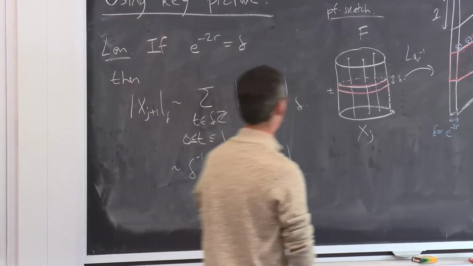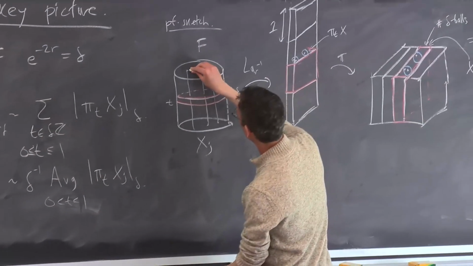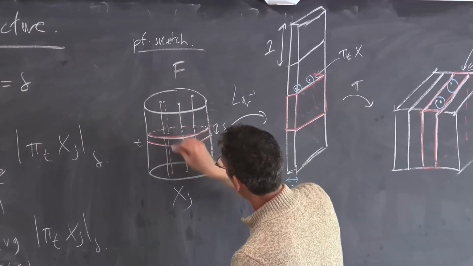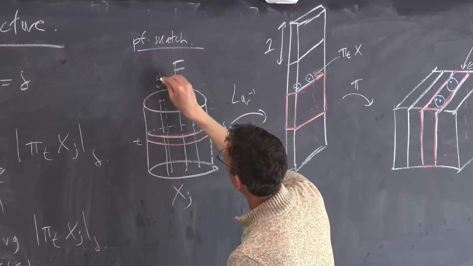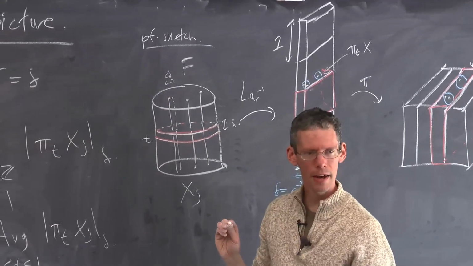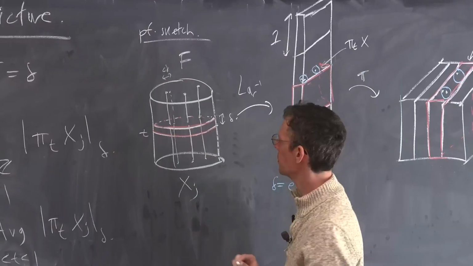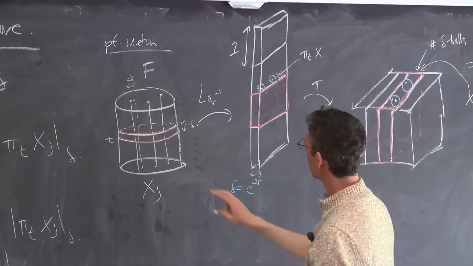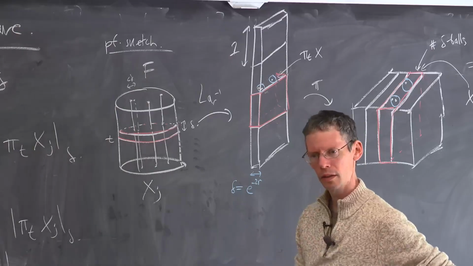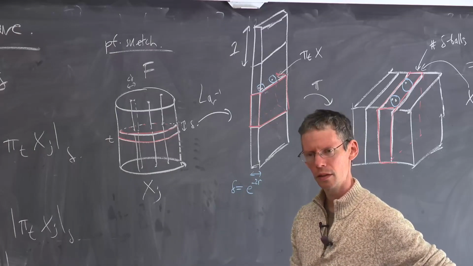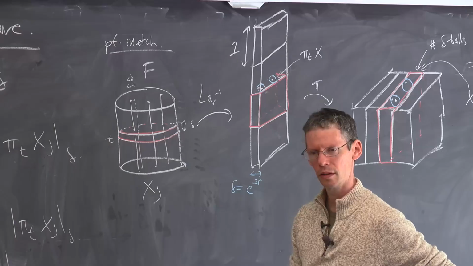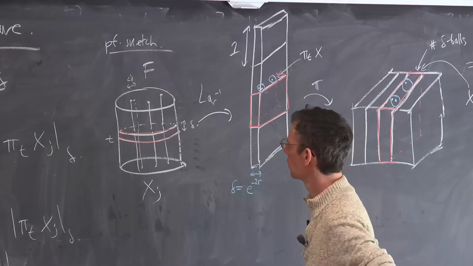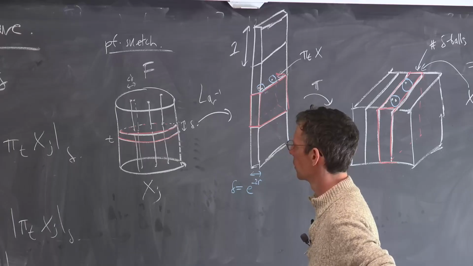So I think the question is, suppose at the beginning that there happened to be two guys here in x whose distance was less than delta, which might happen. Then what would happen to them? Well, not that they're less than delta, it'd be slightly more than delta, but less than e to the minus 2r, or e to the 2r delta. So that in f, they're in the same delta ball.